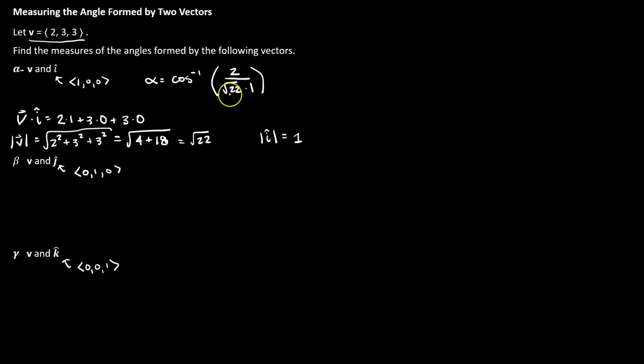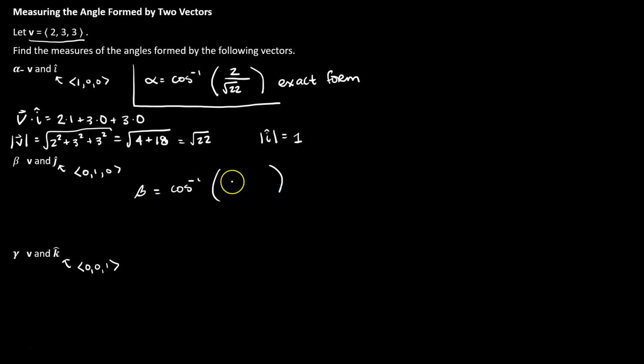Now, if this simplifies, then we should simplify it. And the best we could do is get rid of the 1. But 2 over root 22 doesn't get simpler, and even if it did, cosine inverse of that value is an approximation on our calculator. So let's go ahead and keep it like this for an exact answer. And let's continue on finding next the angle beta. So instead of theta, we're calling this one beta, and it would be cosine inverse of the dot product between v and j.